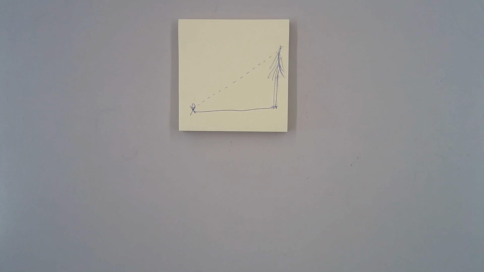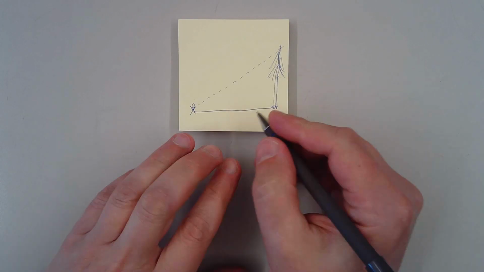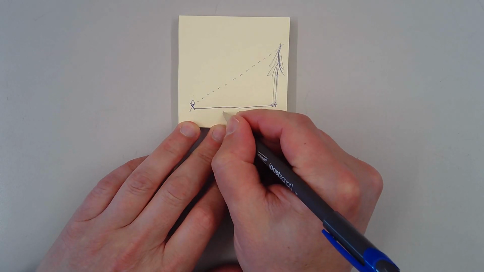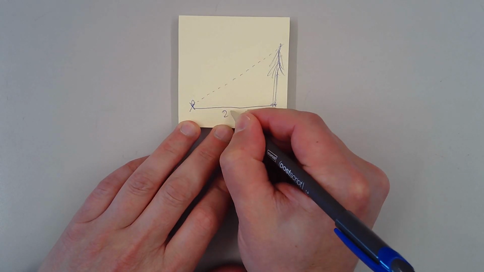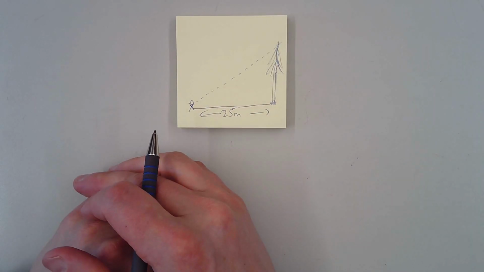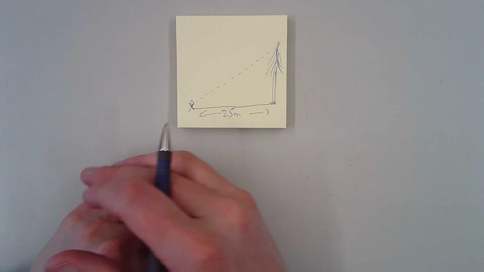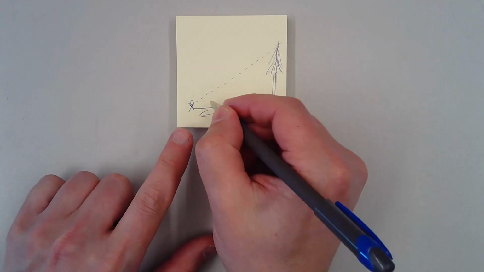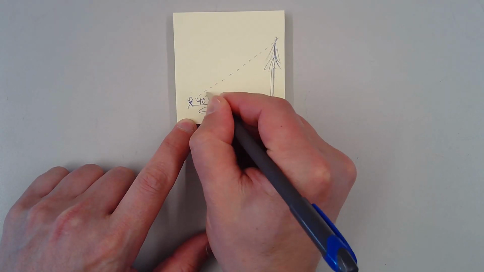You ever pull one out all the way to the end and break it and have to buy a new one? I think usually like 25 meters. Smaller ones are 25 feet. But let's say this is 25 meters, which means you walk pretty far away from the tree. And then looking up at it, let's say that the angle is 40 degrees.